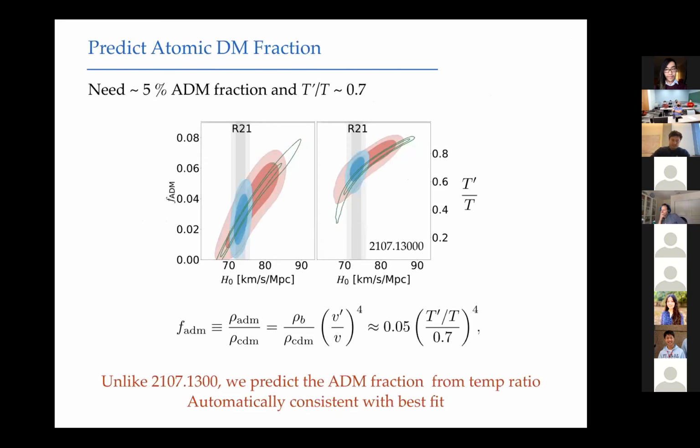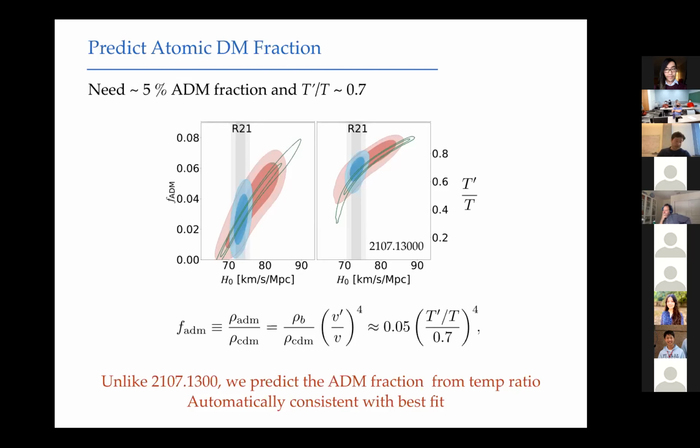As a bonus, you might recall that when we were looking at this pair of plots last time around, the fraction of atomic dark matter relative to the total dark matter was a few percent, 5% or so. And this was originally treated as a free parameter. Find the value of the fraction that gives a good fit to CMB observables for a given temperature ratio. But in this story, since we're creating both of these from the decay of a scalar field, that's not a free parameter in the story.